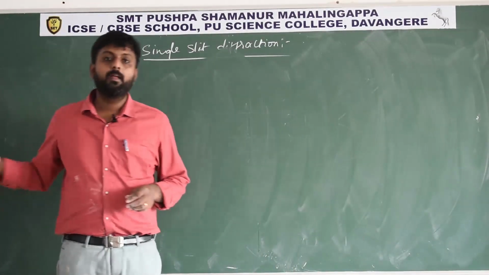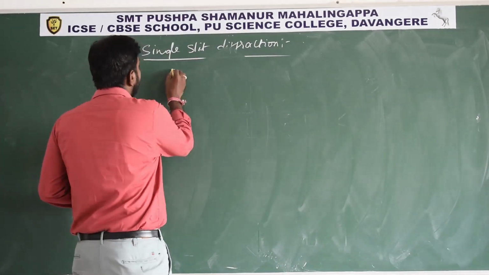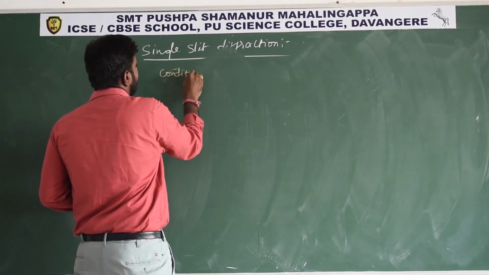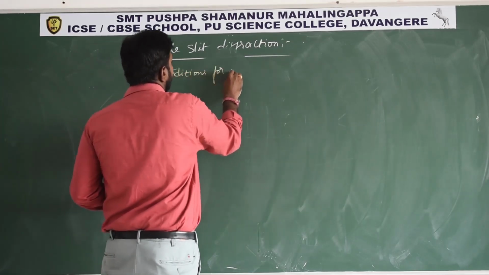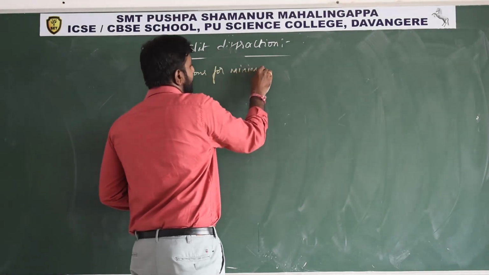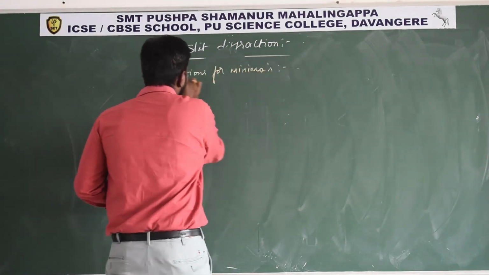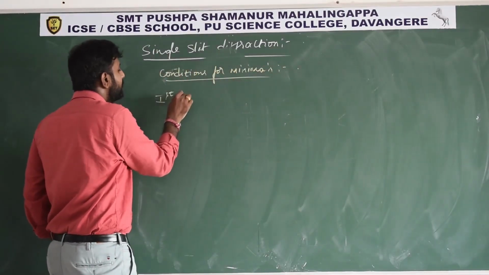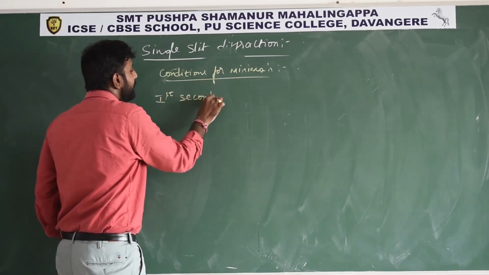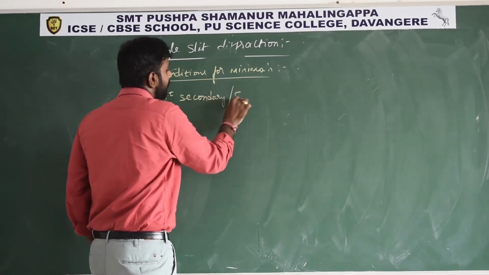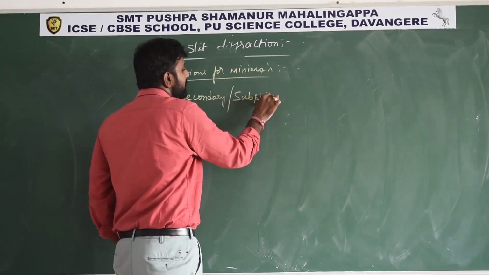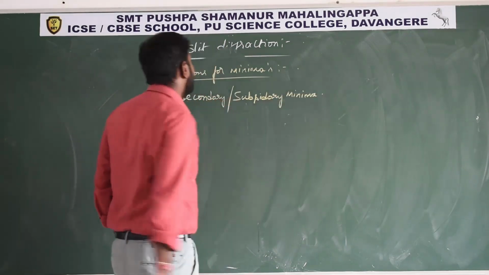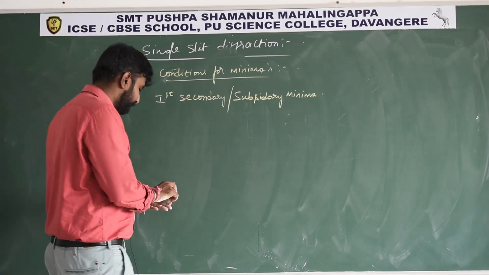So first, write down the conditions for minima, that is, dark fringe. I will write first: first secondary or subsidiary minima.